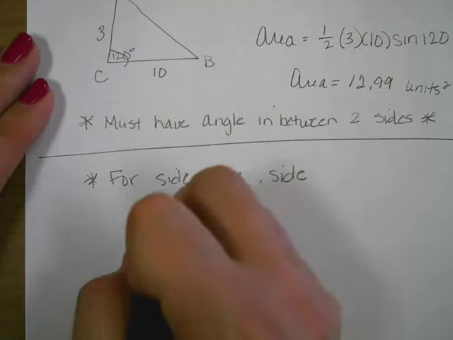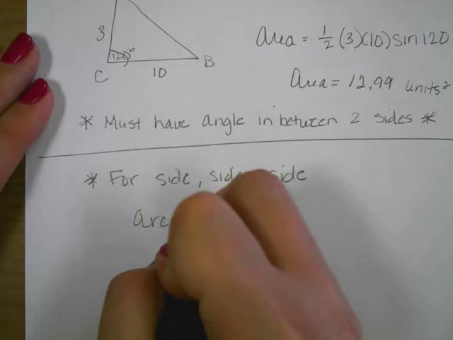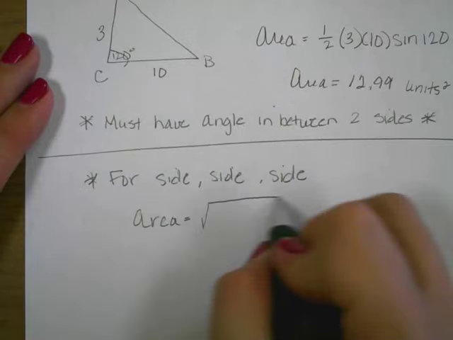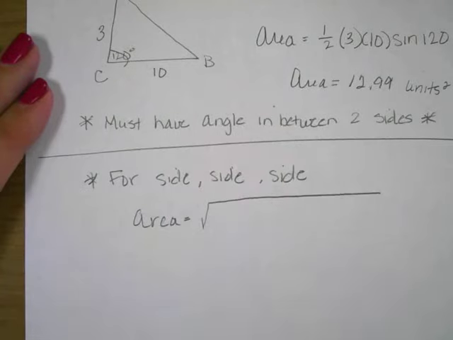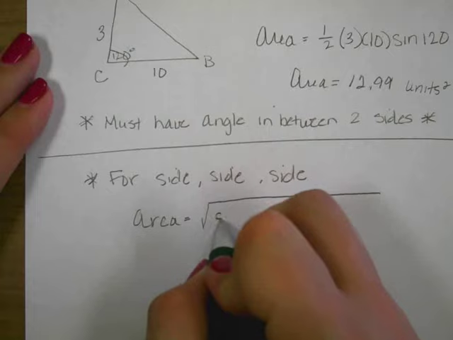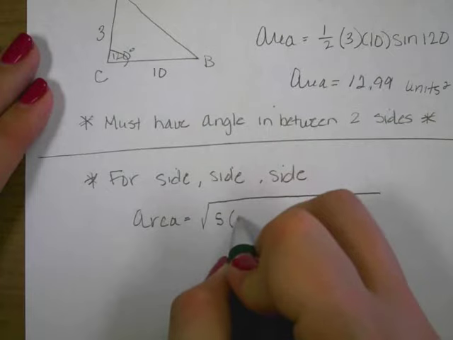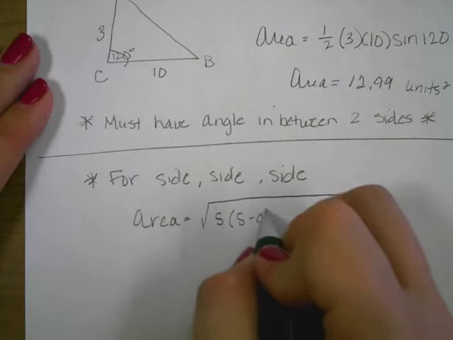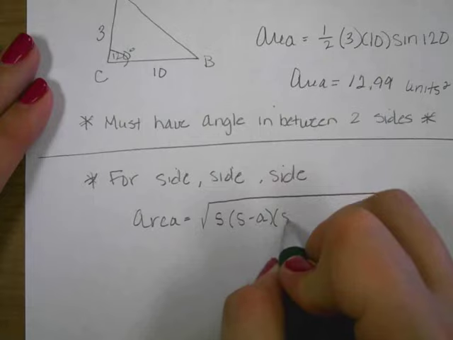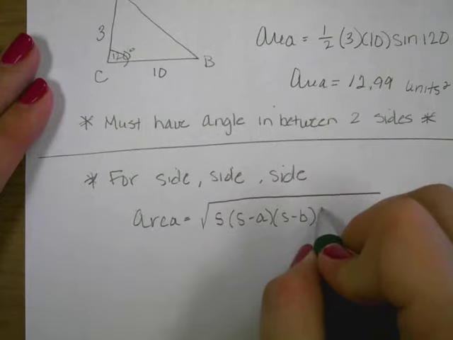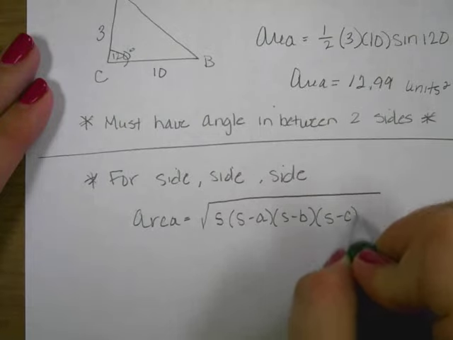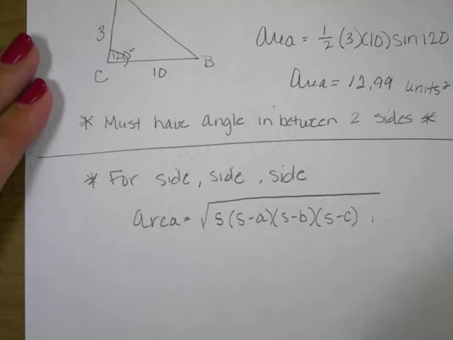The area formula, if you have side, side, side, is the square root of s times s minus a times s minus b times s minus c.